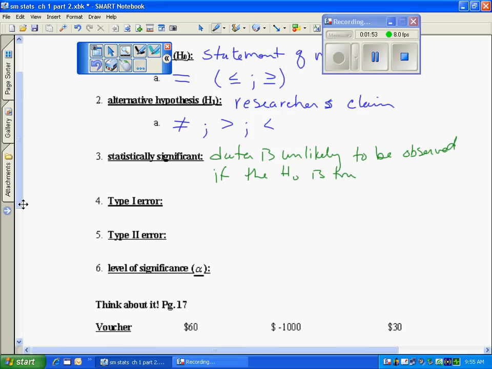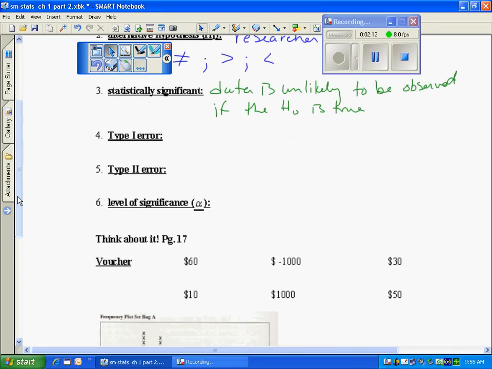Now, if you recall, I don't know if the null is true or not. That's what we're trying to do this test for, to keep getting more and more evidence to support it. I'll never know if the null is absolutely 100% true unless I can look at the entire population. So by looking at samples, we know that we might make an error because we're not looking at the entire population. So we have these different types.